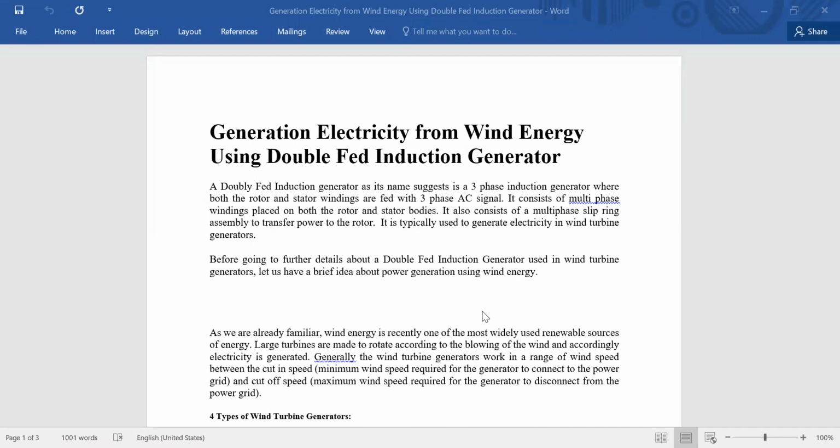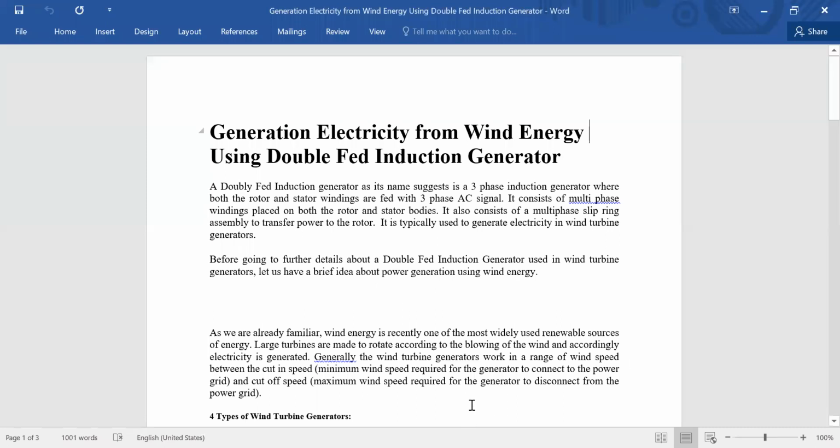The cut-in speed is the minimum wind speed required for the generator to connect to the power grid. The cut-off speed is the maximum wind speed at which the generator disconnects from the power grid, right? So two speeds are there: cut-in and cut-off.